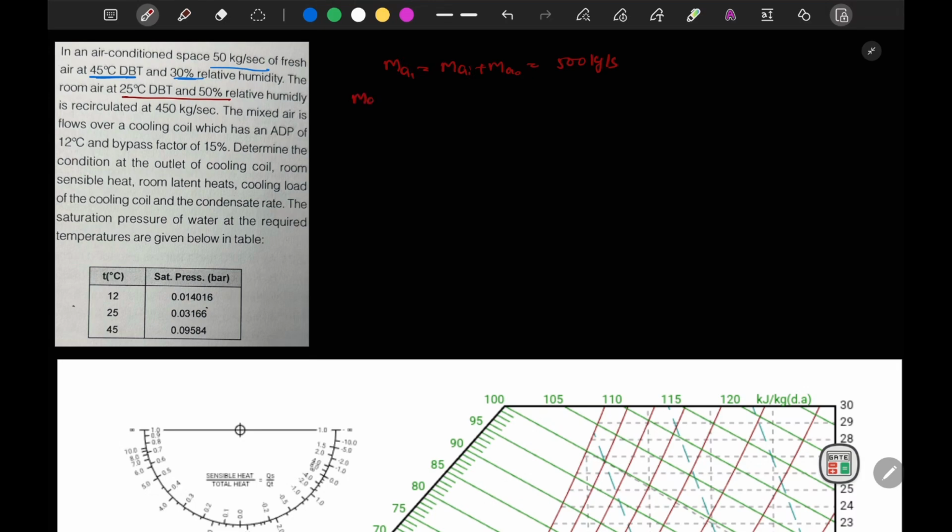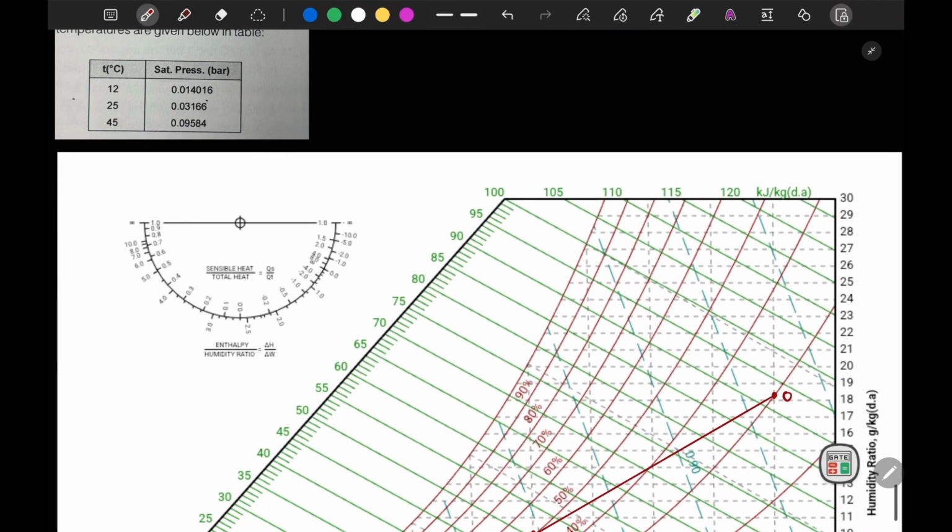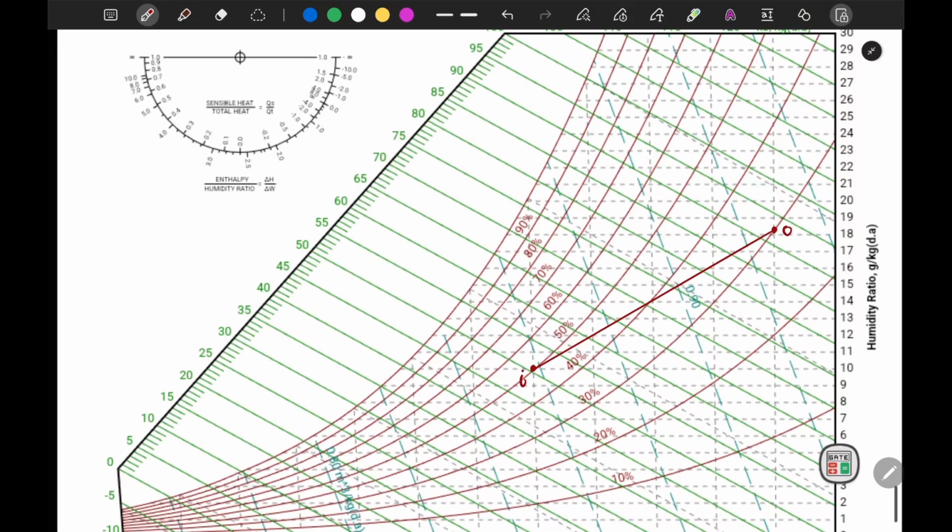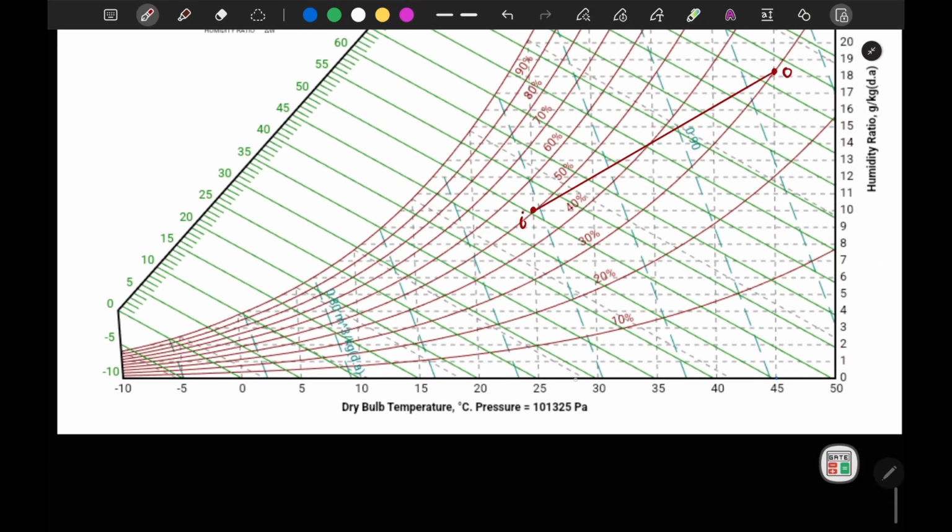Then we apply m_a1 t1 = m_a,o t_o + m_a,i t_i. From this we obtain our t1 value to be 27 degrees Celsius. Now we know that the mixture will be at 27 degrees Celsius.